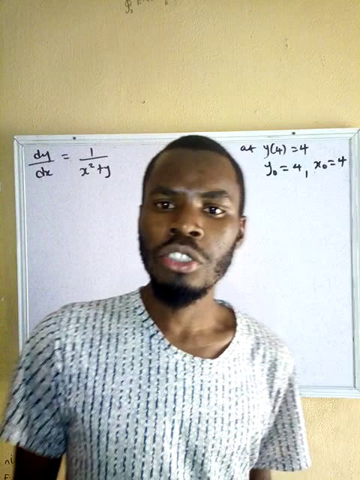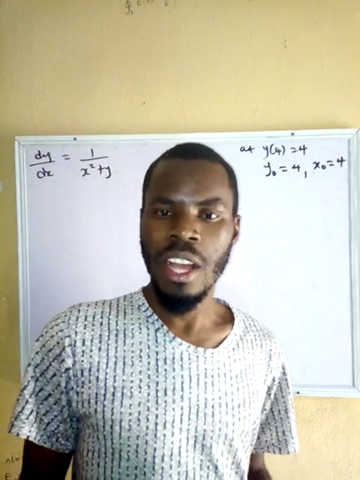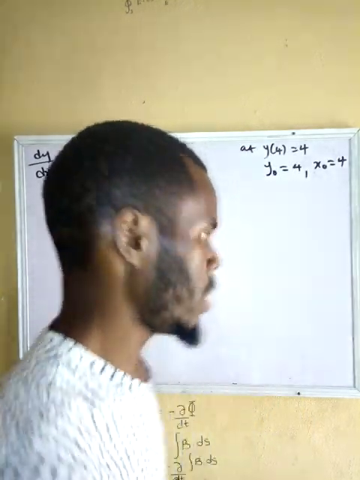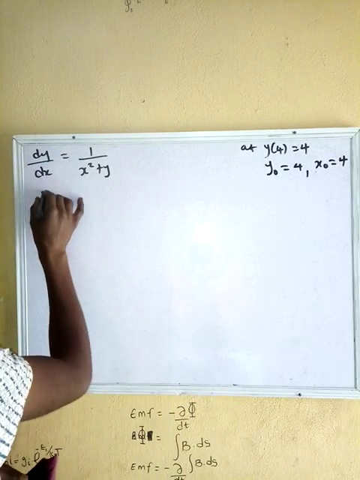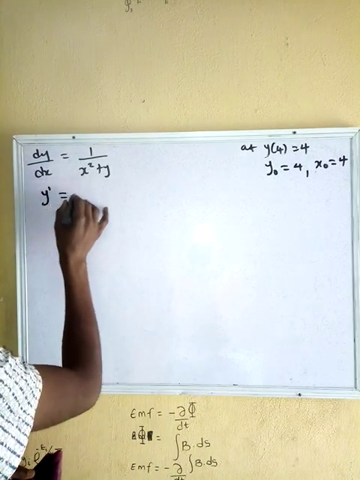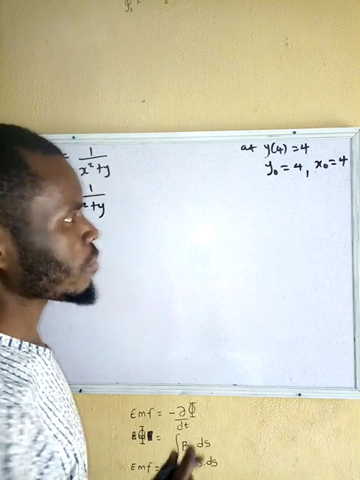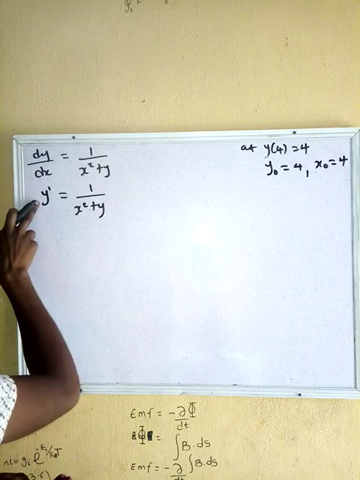So from our elementary mathematics, we know that dy/dx is the same thing as taking the derivative of y with respect to x, meaning that from this question, we can say that y prime is equal to 1 over x squared plus y. Dy/dx is the same thing as y prime.